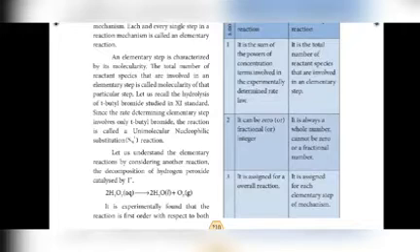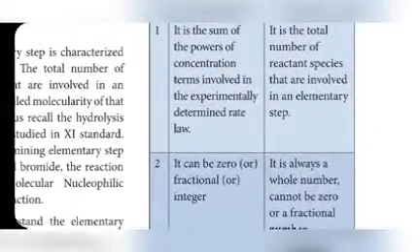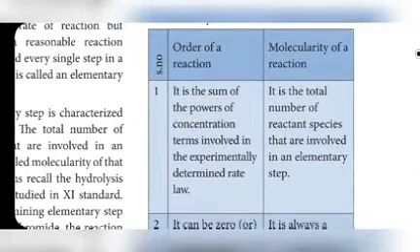And one more important point is given here, the differences between order and molecularity. With this question we can finish today's class. Difference between order and molecularity, I already explained. Order is the sum of the powers of the concentration terms involved in the experimentally determined rate law.